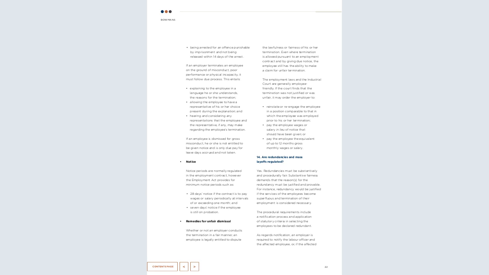However, the Employment Act provides for minimum notice periods, such as 28 days notice for contracts to pay wages or salary periodically at intervals not exceeding 1 month, and 7 days notice. So we normally say when somebody wants to dismiss you, maybe on grounds that you don't agree with, this person can pay you 28 days more.